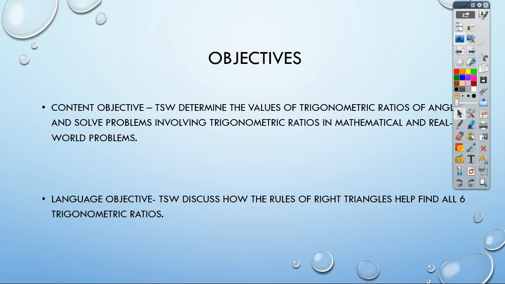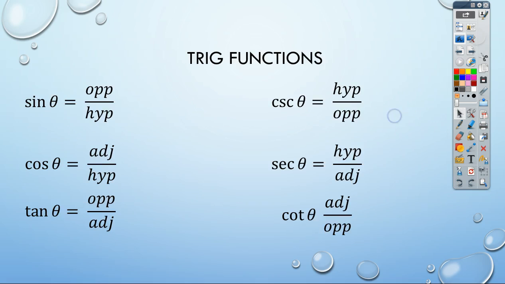Okay, you're going to learn stuff by discussing the rules with me. All right, so here are trig functions. These are ones that we've seen in the past, and they have these weird cryptic things on here, sine, cosine. If you don't remember, let's talk about these for a second.